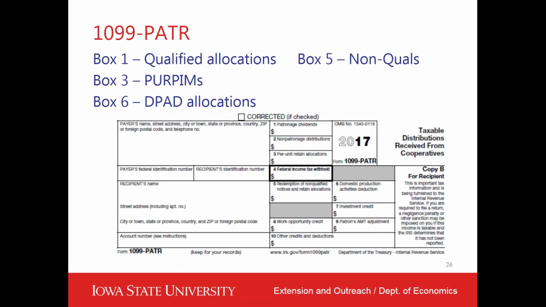We didn't have that for quite some time, and you always used to, on the Schedule F, put the sale of the grain up in line 1 or line 2. Well, when we come to these per unit retained allocations, that's what is on the PATR, and that goes on the line that's for PATR.